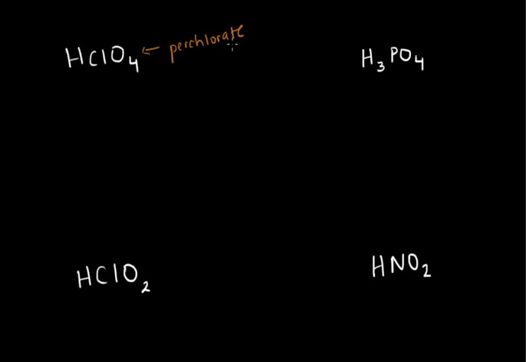It ends in ate. So in general, whenever you have an anion that ends in ate, you're going to do one of the two things which you did for the anions that end in ide. The name of this acid, let's change colors here, is perchloric acid.